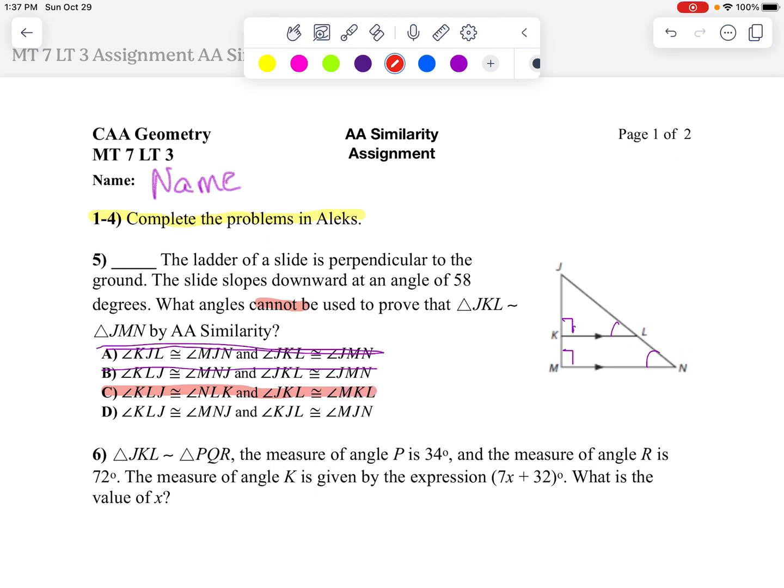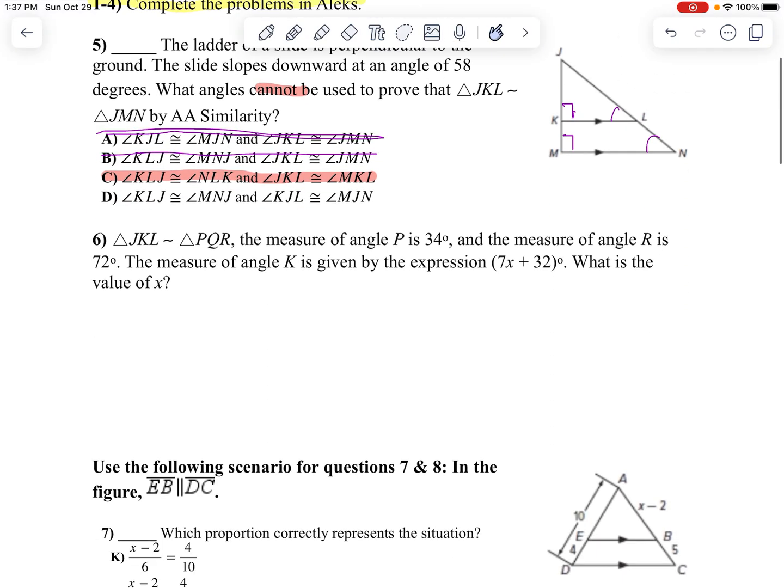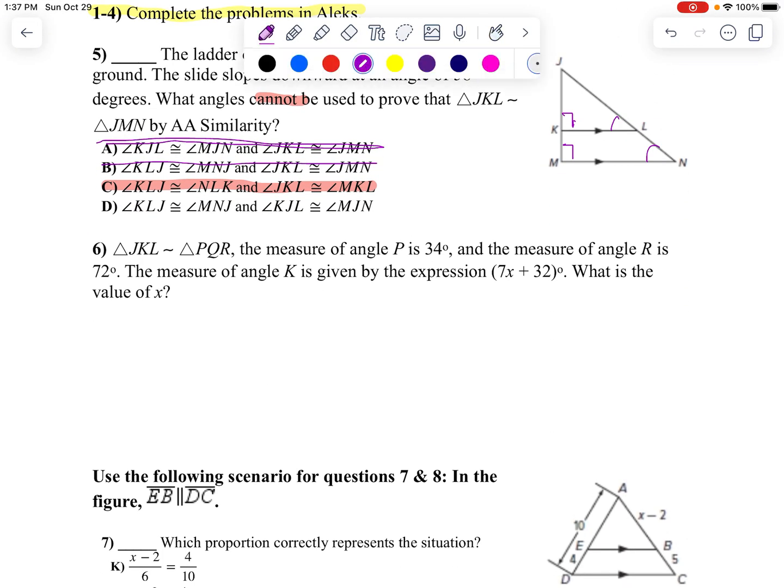Okay, let's take a look at number 2. I don't have a picture here, so the first thing I'm going to do, I think I'm going to draw a picture. I got JKL is similar to PQR. Notice I did not draw it to scale because I don't know what it looks like, but I do know those angles correspond. I know angle P is 34 degrees, which makes angle J 34 degrees.